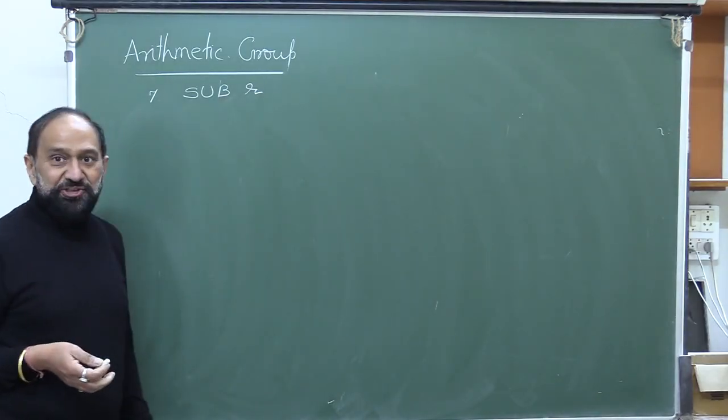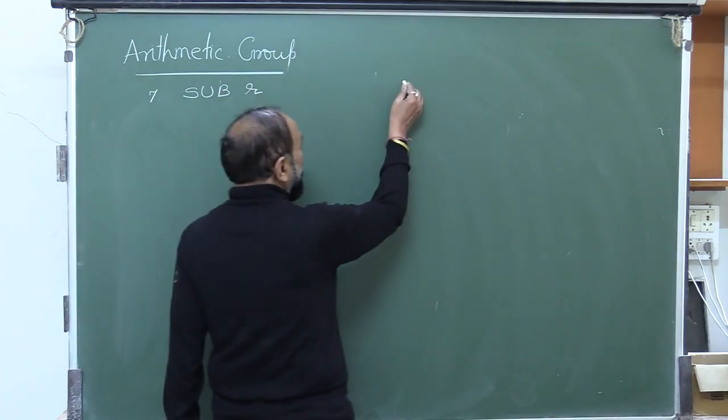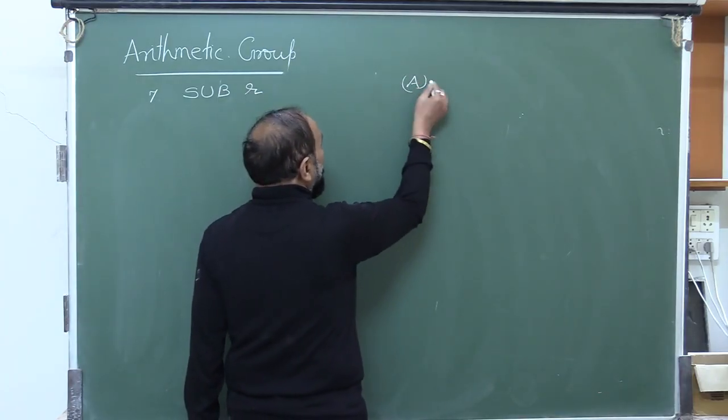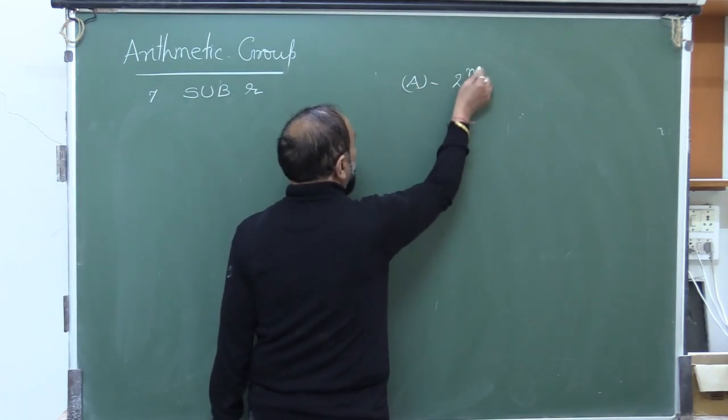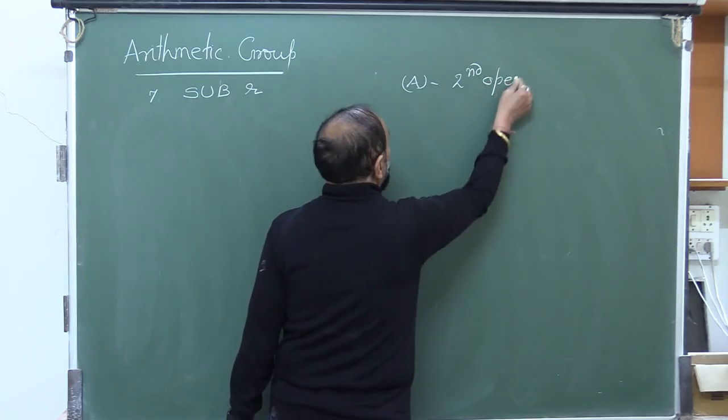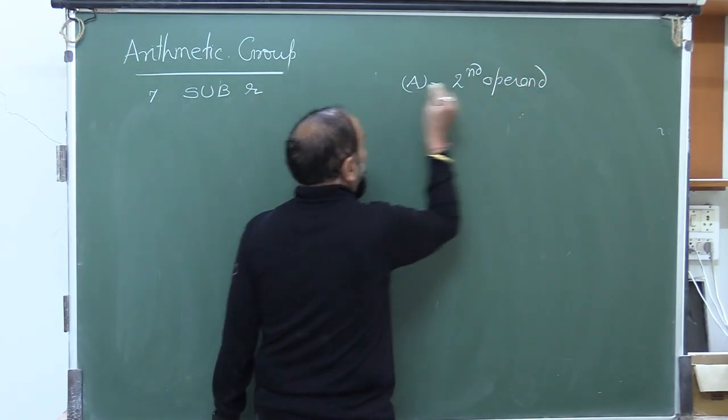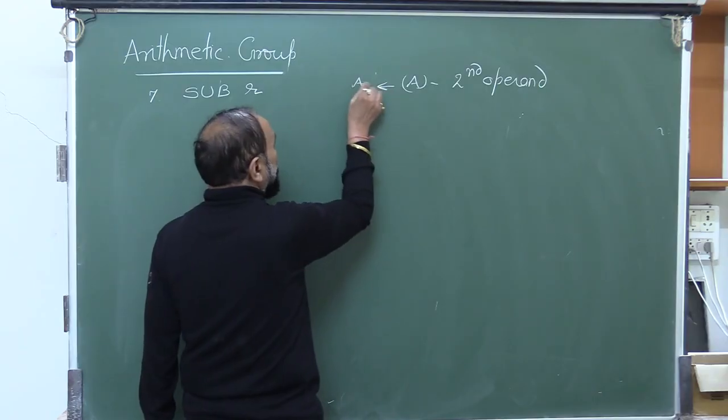And whenever subtraction takes place, again it is the accumulator minus the second operand, and the result is stored back in accumulator.